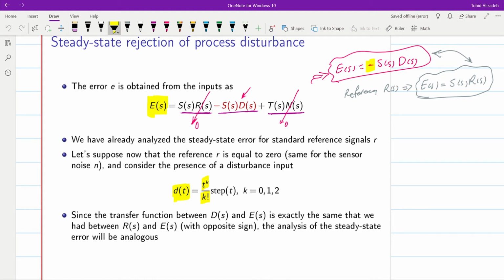Since the difference in terms of the transfer function for the disturbance and the reference is just a negative sign, we have E over D equal to minus S and E over R equal to S. Because of this similarity, the behavior of the system in terms of rejecting the disturbance will also be similar, but with an opposite sign.